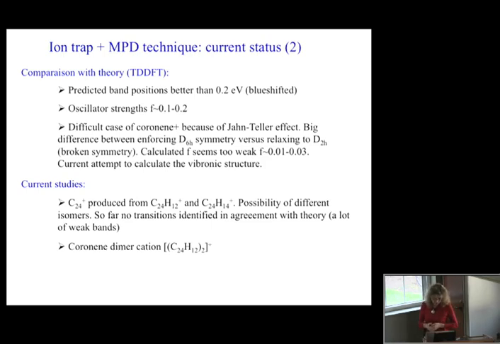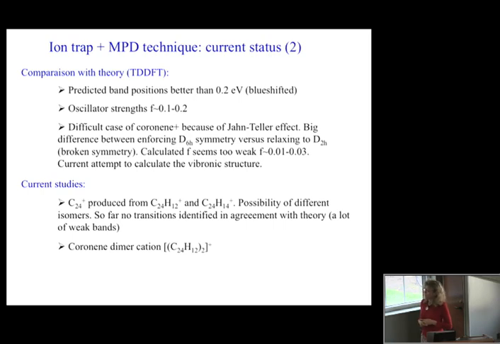And so the current study is of C24 plus, produced either from coronene or naphthopyrene. Our idea is to test whether you keep the PAH skeleton or you isomerize into some different ring structure or closed structure.